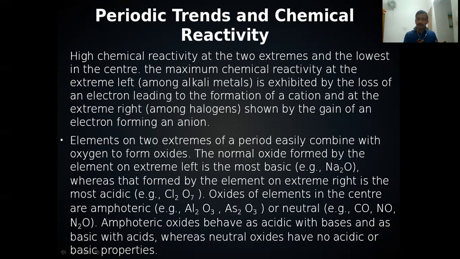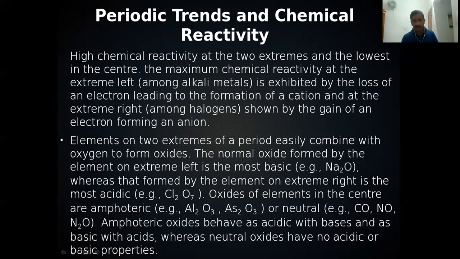For example, when we consider the oxides, sodium combines with oxygen to form Na2O, magnesium combines with oxygen to form MgO, aluminum combines with oxygen to form Al2O3, carbon combines with oxygen to form CO2 or CO. Two possibilities are there.